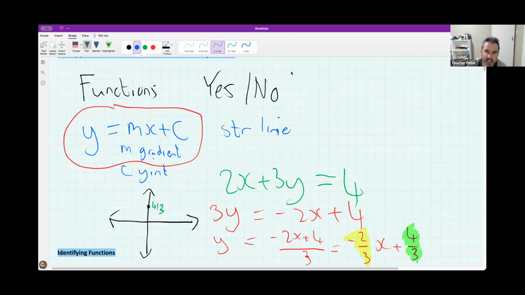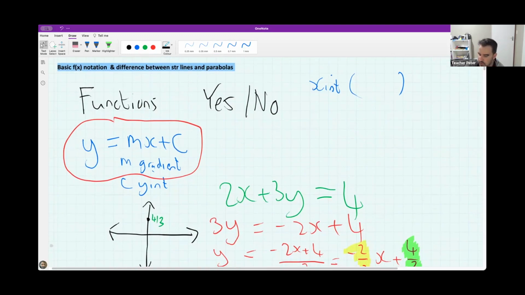How do we find the x-intercept with straight lines normally? What's the process? Because if I've only got 1 point, I can't draw my straight line. So there's something that I need to do to help me find the x-intercept.